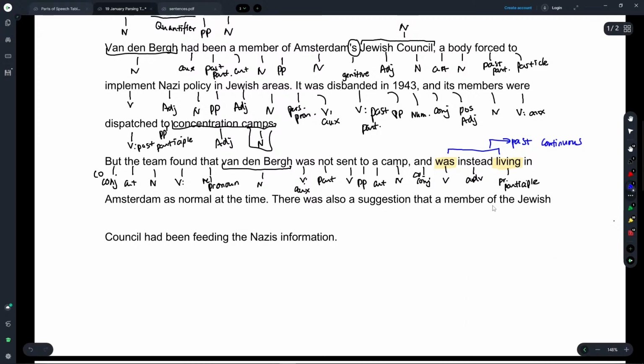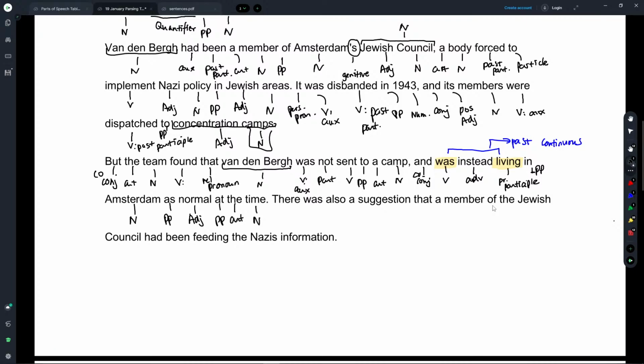Okay, so we're now at was, instead, adverb, living, present participle, in, which is our preposition. I hope you can read it well. In Amsterdam, noun, as, preposition, normal, adjective, at, preposition, the, determiner or article, of course, time, noun.